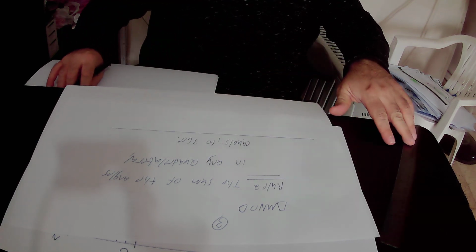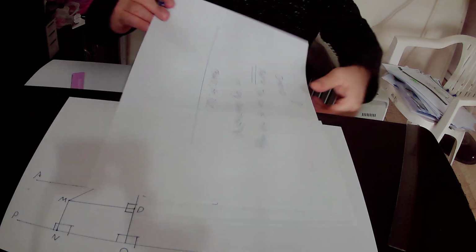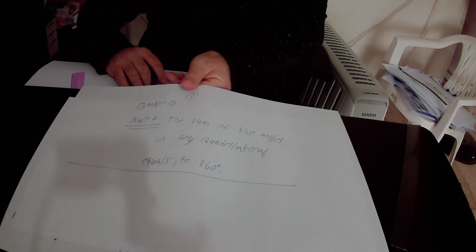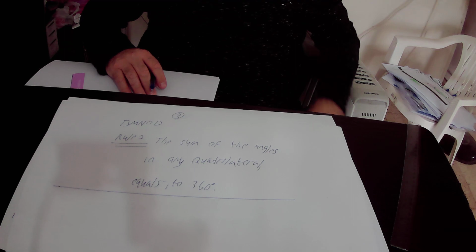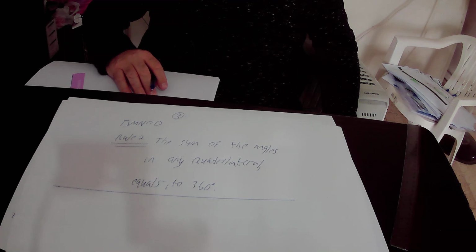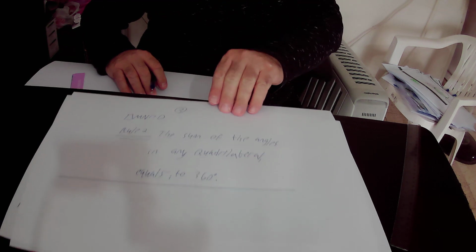I'll repeat rule number 2 again. According to rule number 2, the sum of the angles in any quadrilateral equals 360 degrees.